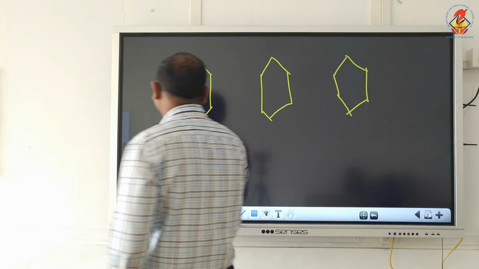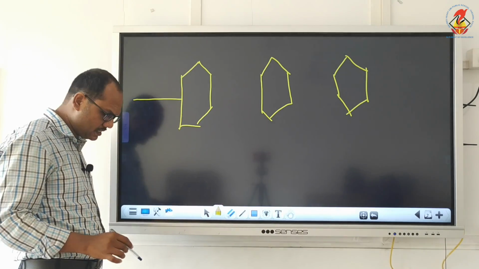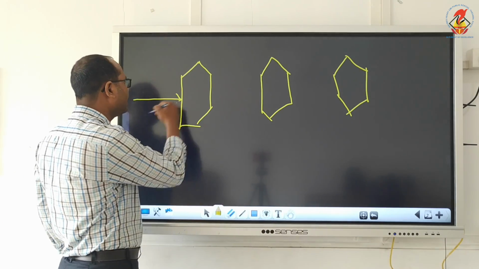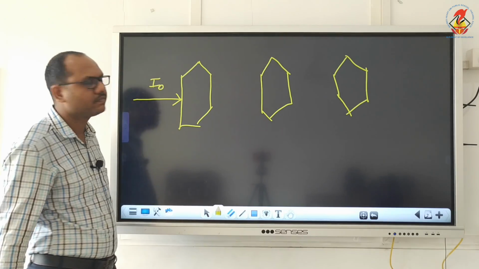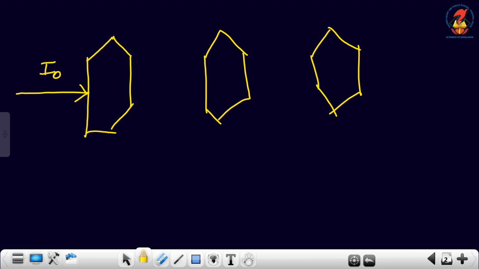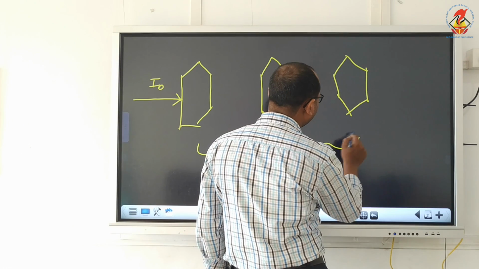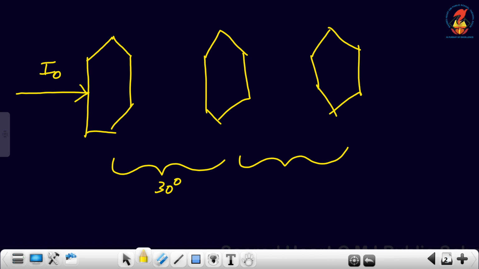And let I0, I am not drawing the vibrations, I am just putting the arrows showing the wave. Okay, let this be I0. This polarizer and analyzer are having the angle 30 degree. This polarizer and analyzer are having the angle 60 degree. Imagine like this.